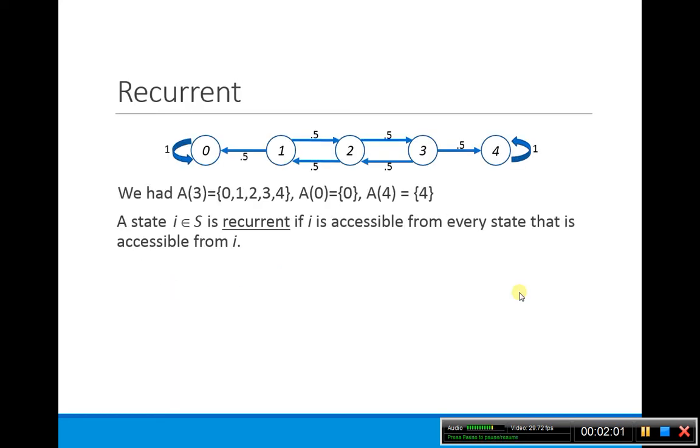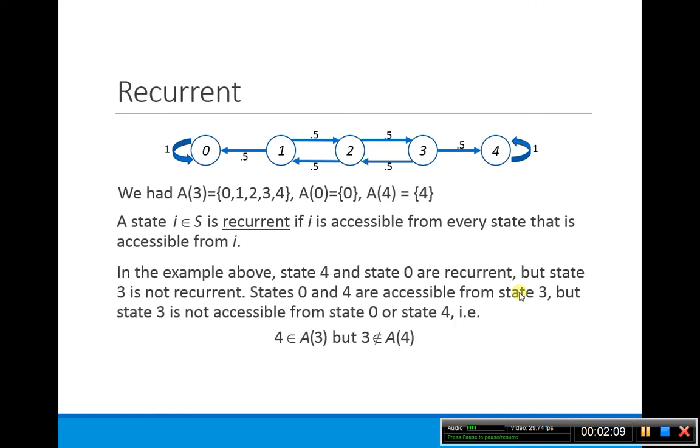Now, what does it mean to be recurrent? A state I in S is recurrent if I is accessible from every state that is accessible from I. In the above example, state 4 and state 0 are recurrent because I can get back to I from everything in its A of 0, A of 4, since there's only one state there.